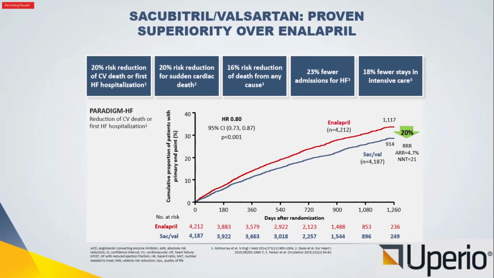And that reduction is in the nature of 20%, which is very, very significant. We used to rejoice when we were able to reduce morbidity using the ACE inhibitors, but now we have gone much further by combining the ANIs and the ARBs. Next slide.